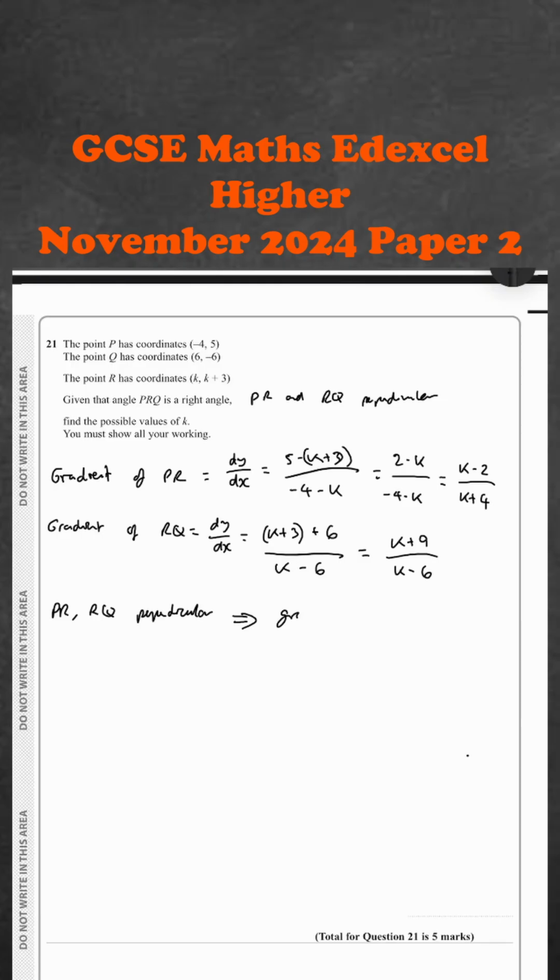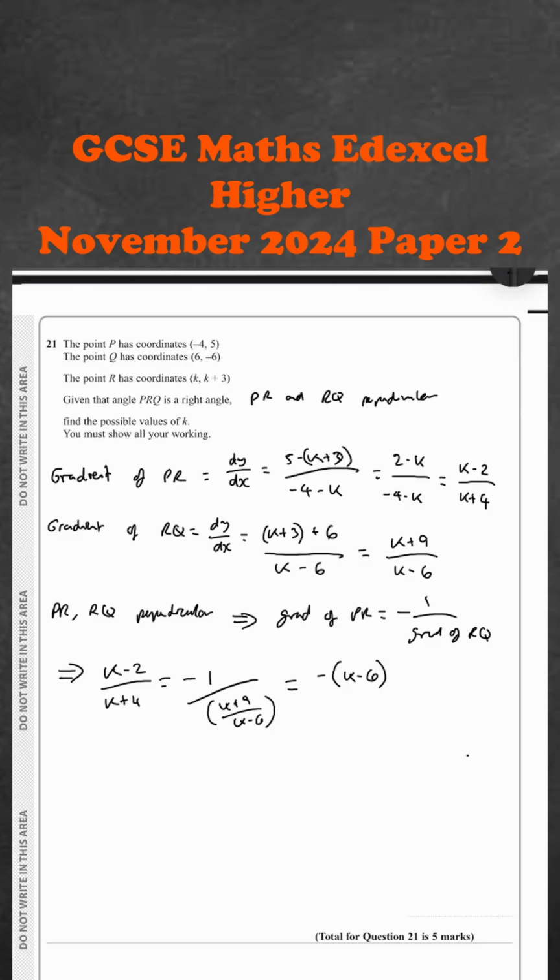Therefore, gradient of PR equals minus 1 over the gradient of RQ. So, K minus 2 over K plus 4 equals minus 1 over K plus 9 over K minus 6, which we will rewrite as minus K minus 6 over K plus 9, or 6 minus K over K plus 9.